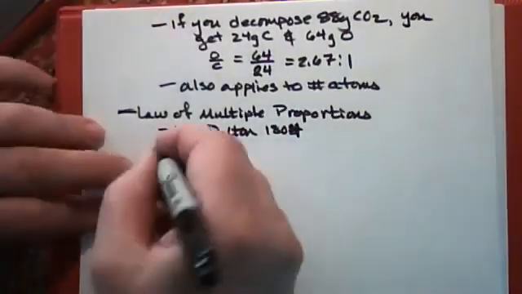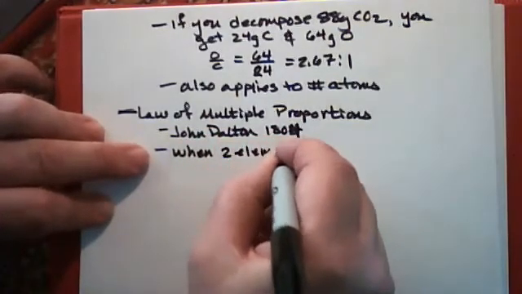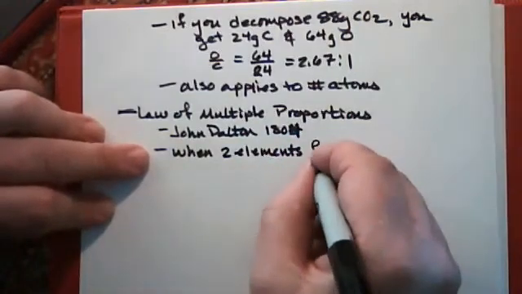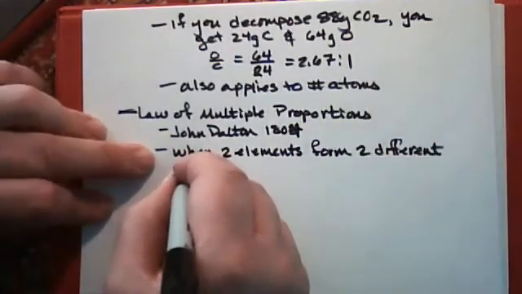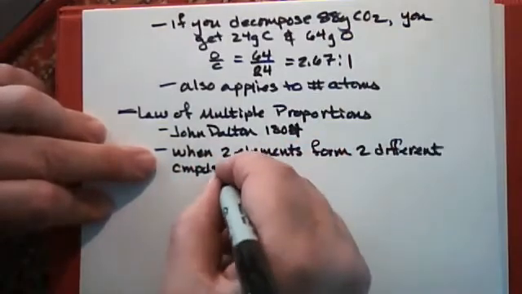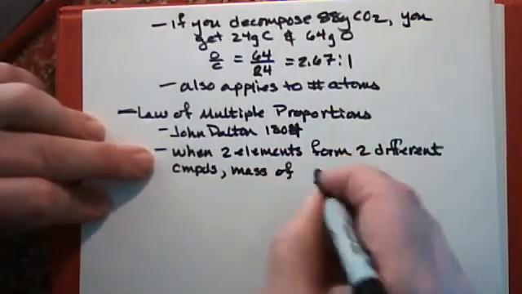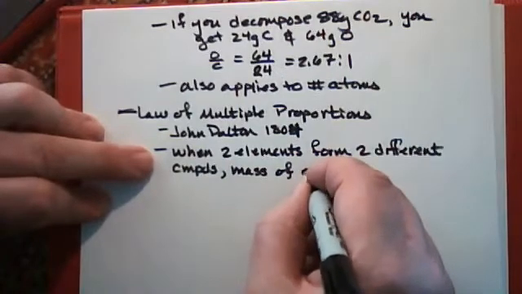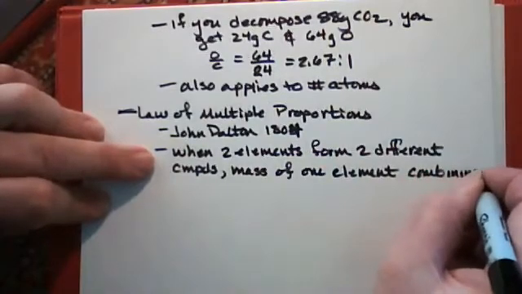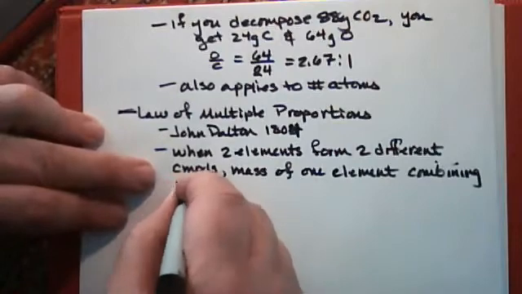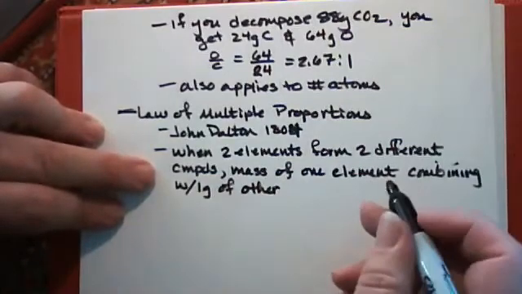And this can be stated as: when 2 elements form 2 different compounds, the mass of one element combining with 1 gram of the other element can be expressed as a ratio of small whole numbers.